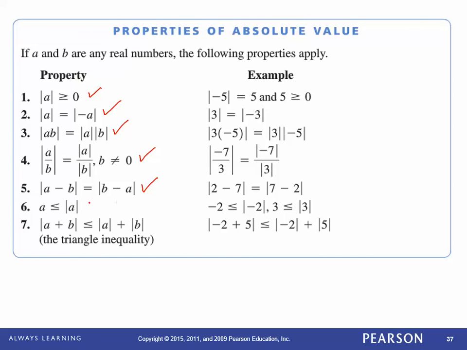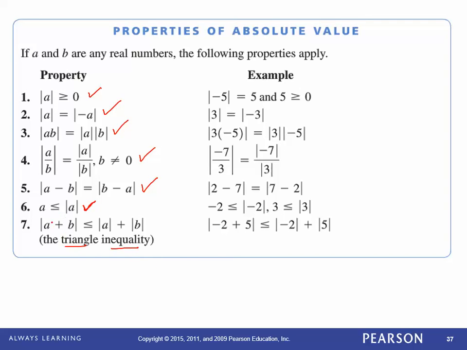This one comes up in calculus. You're comparing the number itself to the absolute value of that number. And so true, the number is always going to be less than or equal to the absolute value of that number. Okay, and then this is the triangle inequality. Again, important. It does come up in calculus.